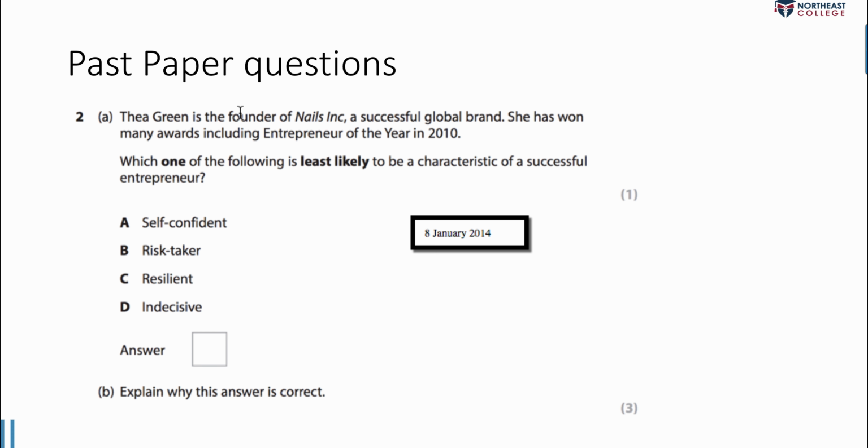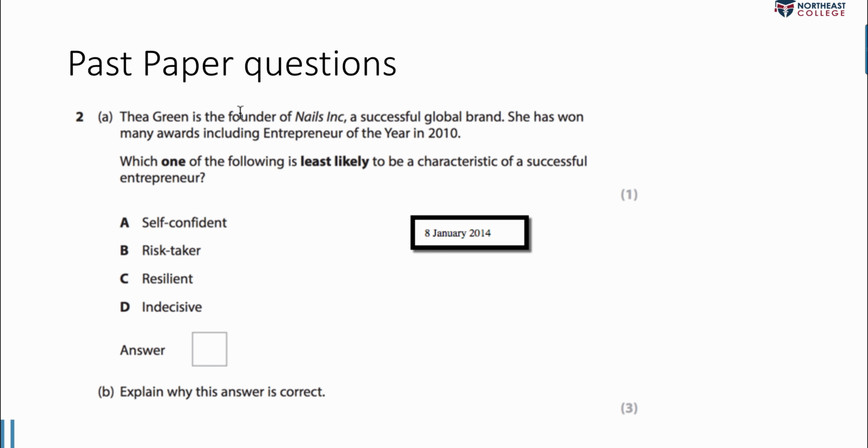Risk taker, yes. Again, one key thing is that an entrepreneur has to be able to take risk. Resilience, yes, of course. An entrepreneur has to be resilient. They need to be able to face the test of time. They need to be able to stand up from their downfall and come back again, re-energize and take it again instead of just giving up when there's a problem. So that's being resilient. Then indecisive.